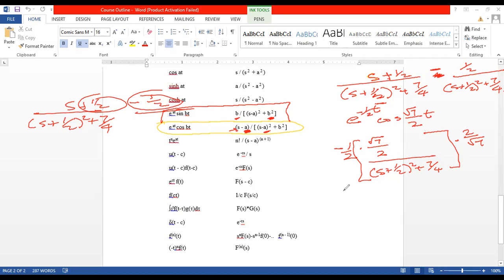So now what I'm left with is minus a half. This part here works out to e to the minus a half t sine root 7 over 2t multiplied by 2 over root 7.